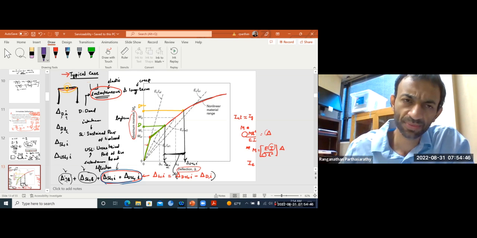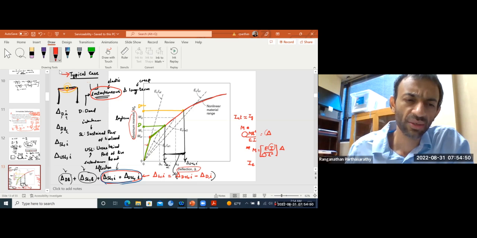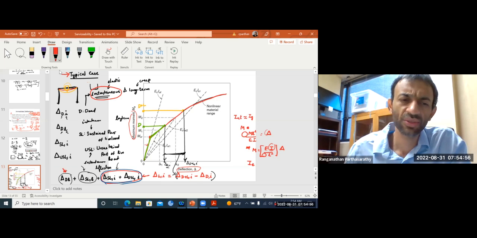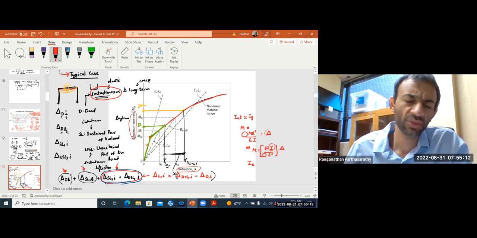That will include long-term deflections due to dead load, or creep. And this is the long-term deflections due to sustained part of the live load. And these are instantaneous deflections due to sustained part of live load and due to unsustained. So total instantaneous deflection due to dead load.